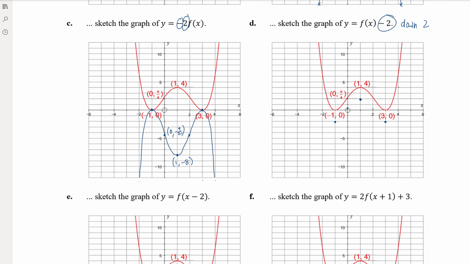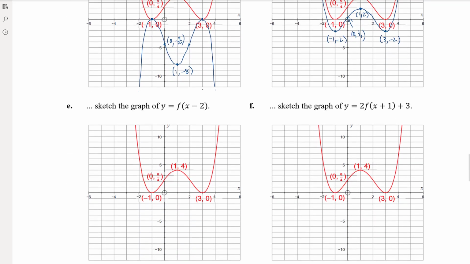Essentially you're going to have a graph that does this. Marking in the points you can, (3, -2), (-1, -2), (1, 2), and this point here was (0, 1/4).